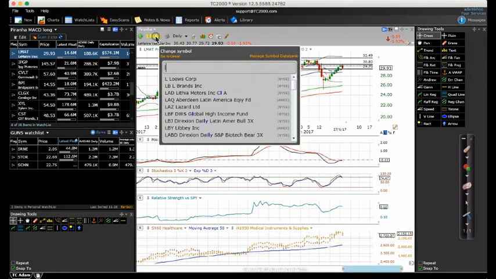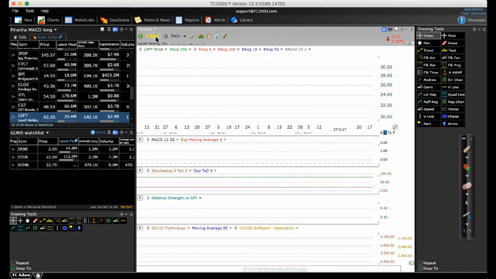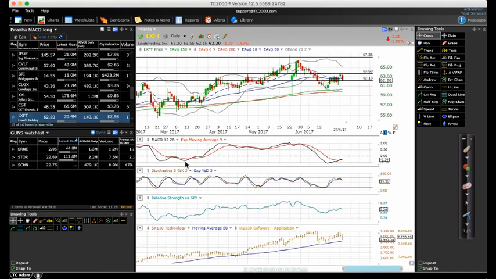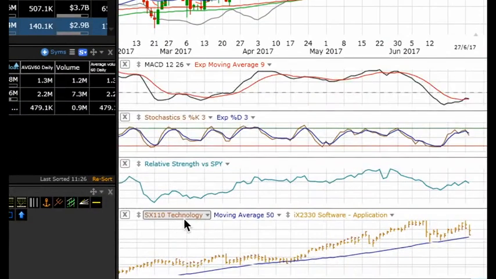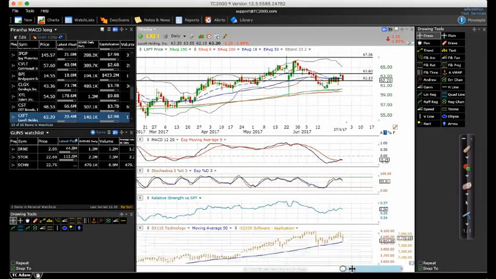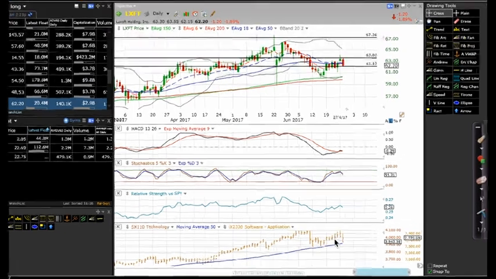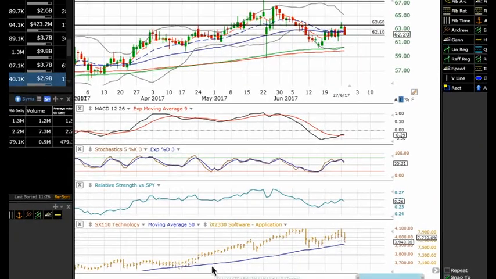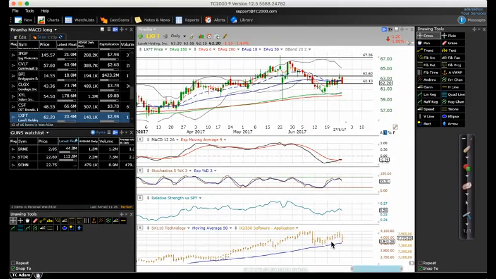Next, LXFT. So again, LXFT is in the technology sector. It's in the software industry, and that, again, you can see is on a clear uptrend because it is above the 50 moving average. It is sloping up. So it is in a strong sector. That's what I want to see. Okay.